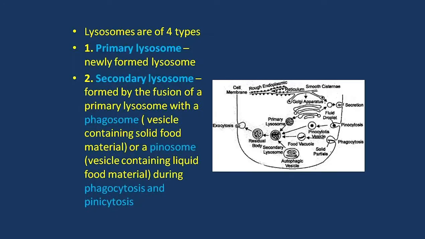Lysosomes are of four types. Number one, primary lysosome, which is a newly formed lysosome. Number two, secondary lysosome, which is formed by the fusion of a primary lysosome with a phagosome, which is a vesicle containing solid food material, or a pinosome, a vesicle containing liquid food material, during phagocytosis, which is commonly called cell eating, and pinocytosis, which is commonly called cell drinking.